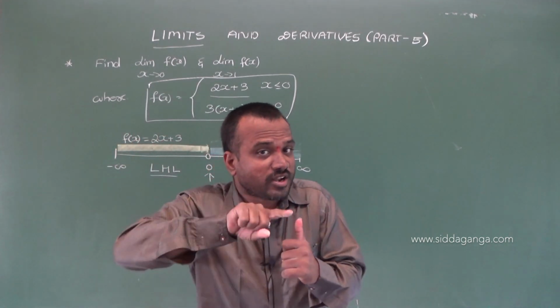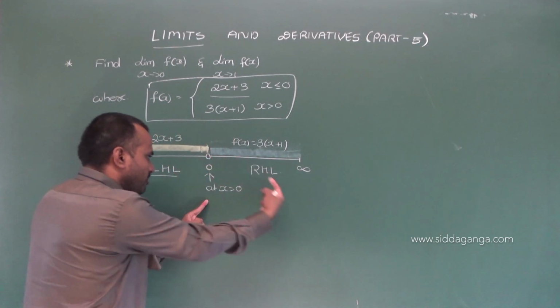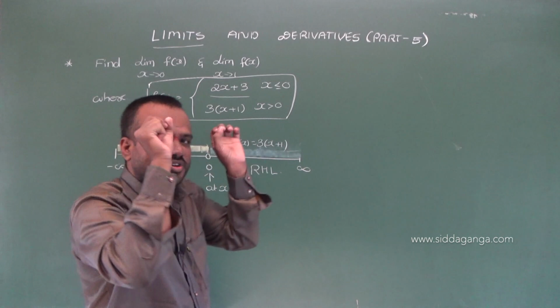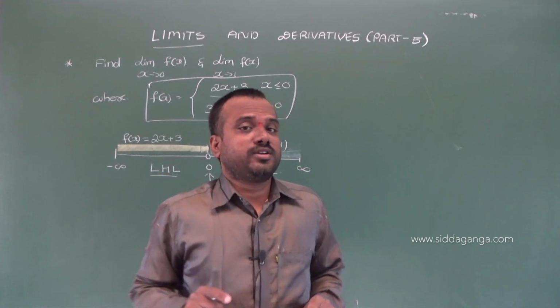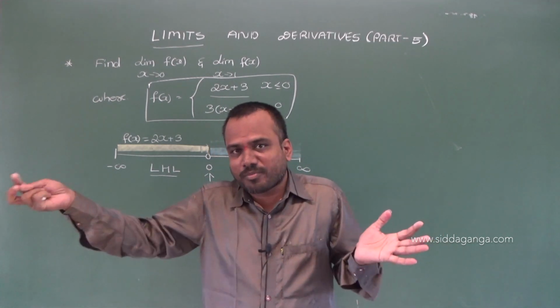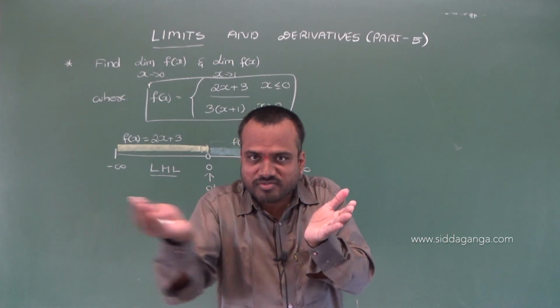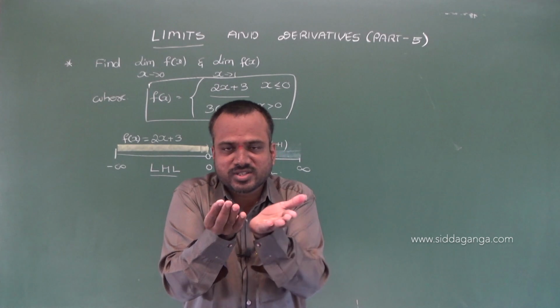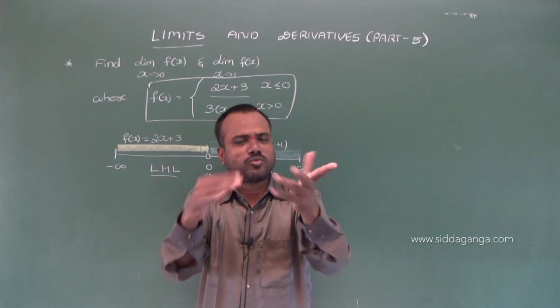When we use left hand limit and right hand limit, if you approach from the left side and from the right side, if the functions are different, that is very important. For the left side there is one function, for the right side another function, at that domain, whether it may be 0, 1, 2, 3, minus 1, whatever it may be.